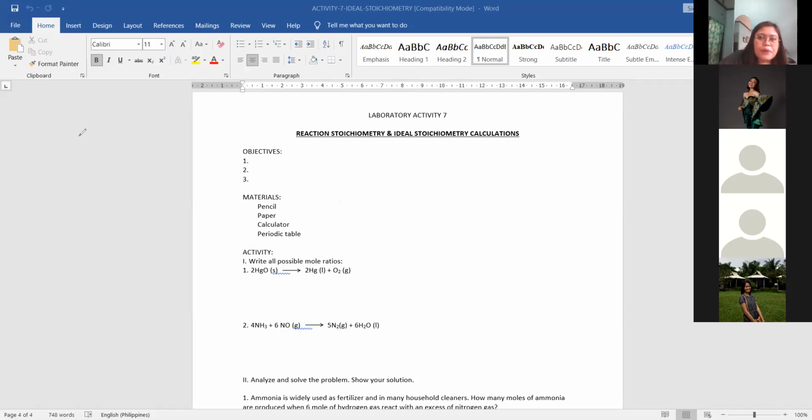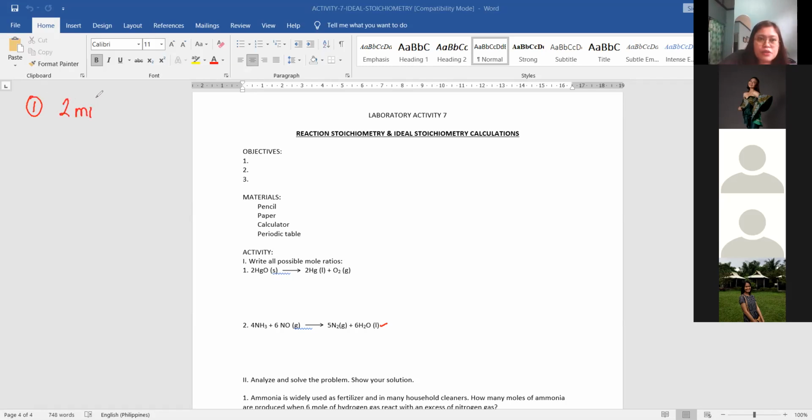So for number 1, I think sa report nila, Marie, you have to edit your report also since yung number 1 na nilagay ninyo is still this one. So hindi ninyo ata nasagot yung first na given. So for number 1, if we list down all the possible ratios, you can start with the reactant.